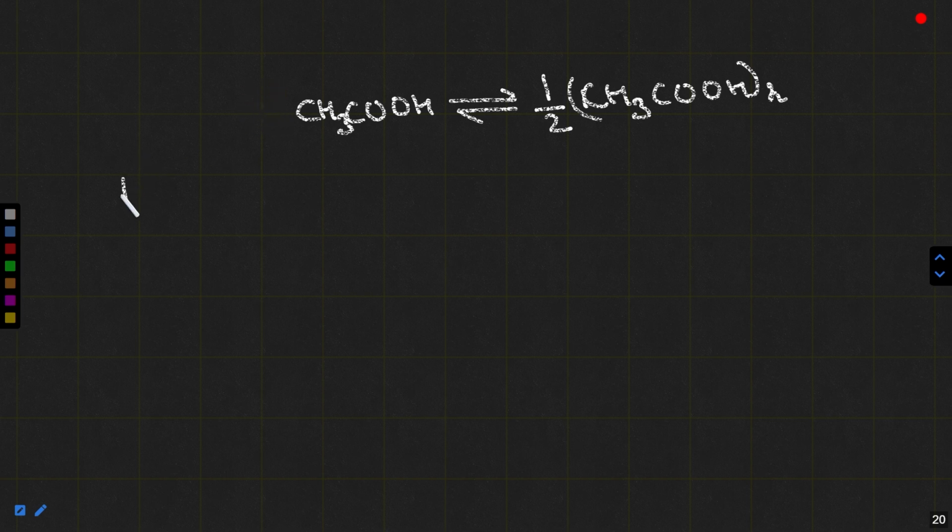Now, if we take the case of initial circumstances, initially there was one molecule. Here we have 0 associated molecules, as there was no association initially when we have just introduced this acetic acid into benzene.